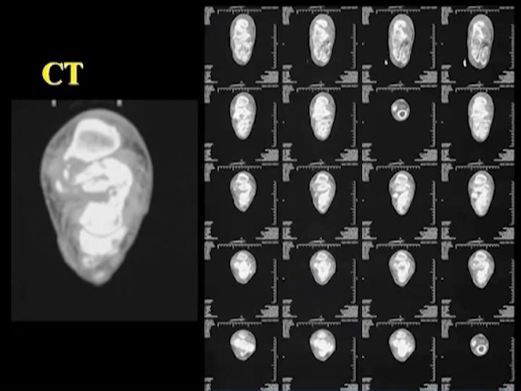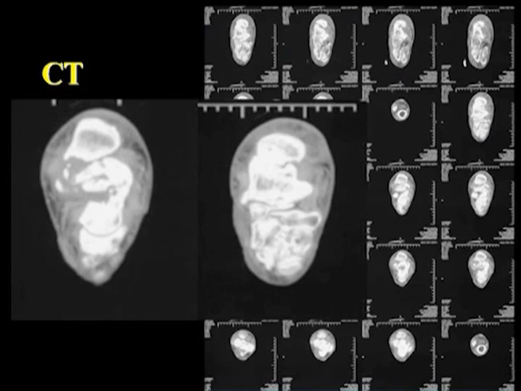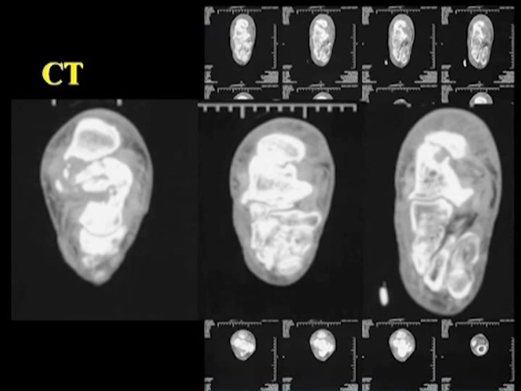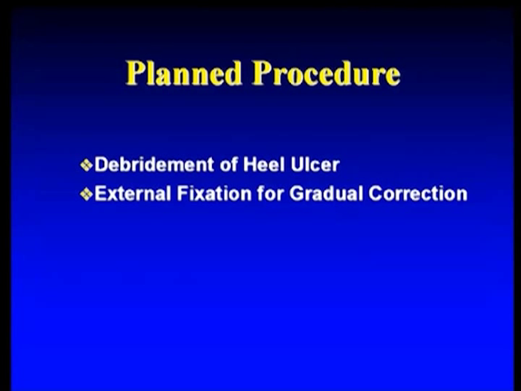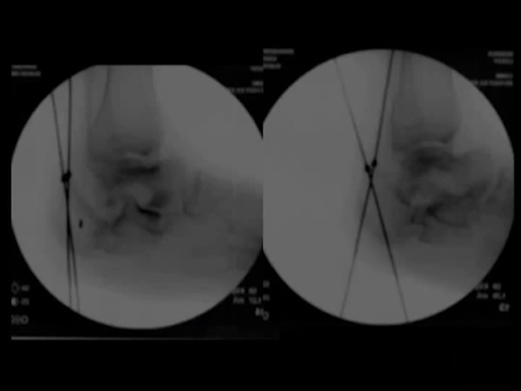A CAT scan was obtained to identify the level of the Charcot, the extent into the subtalar joint, and the non-union that's present due to the Charcot. Therefore, we plan to debride the heel and apply external fixation for gradual correction of this deformity.